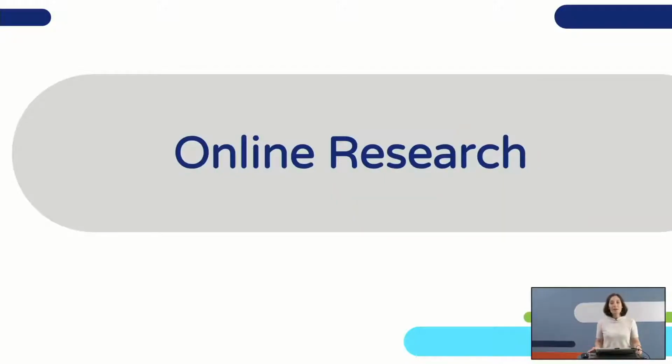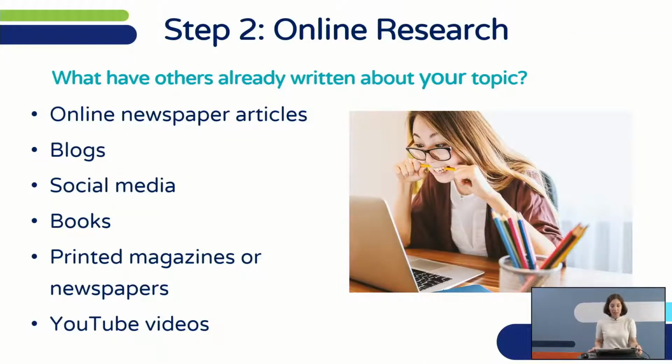Now, when we research online, what do we look for? Well, you can look at online newspaper articles, blogs, you can look at social media, you can look in books and printed magazines or newspapers also, even though those are not online.